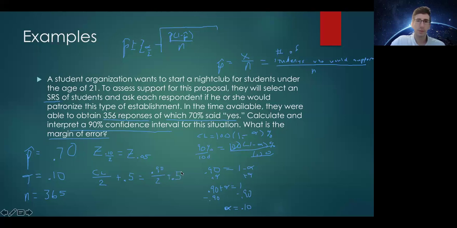You divide that by 2, you get 0.45 plus 0.5, and this is 0.95.